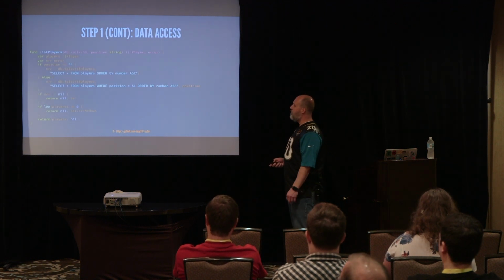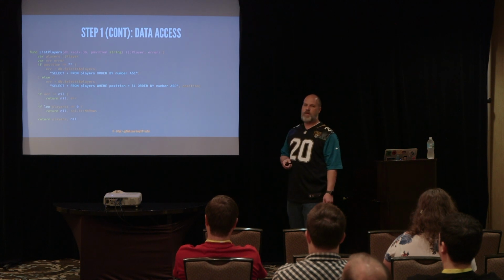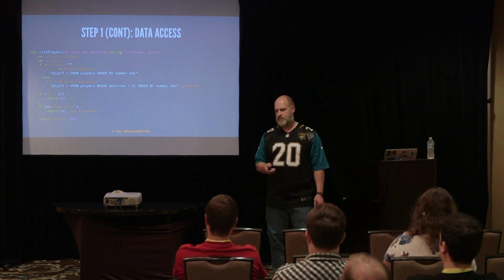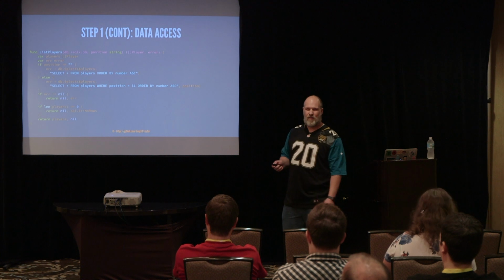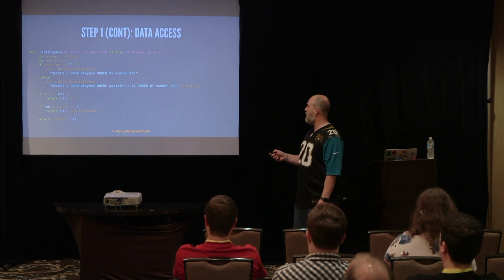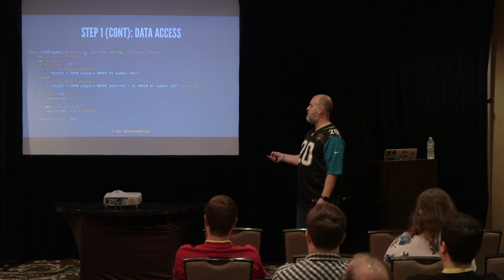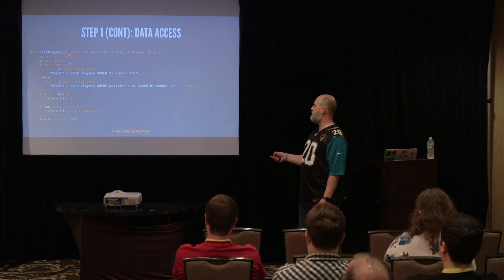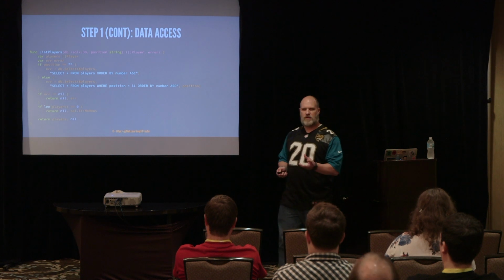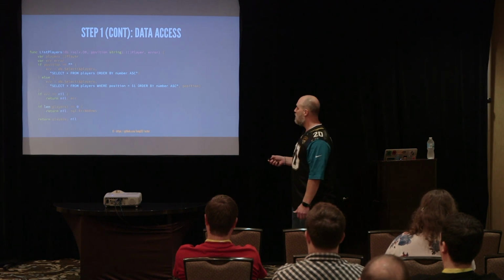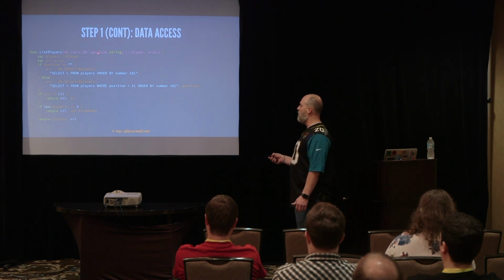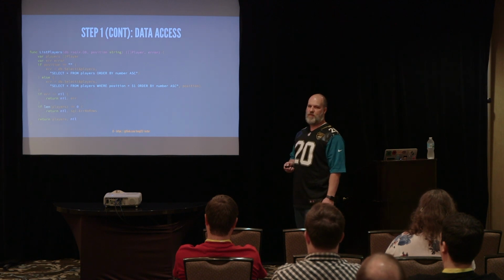So this is a function that we've written to list our players. Can you see that at the back? Okay. So this is a database connection. We have a function that lists players that takes our database connection. It takes a position. One of the things that's a little startling for people the first time they see Go code is the variable comes first and then the type.